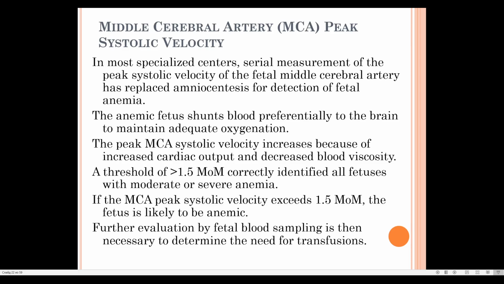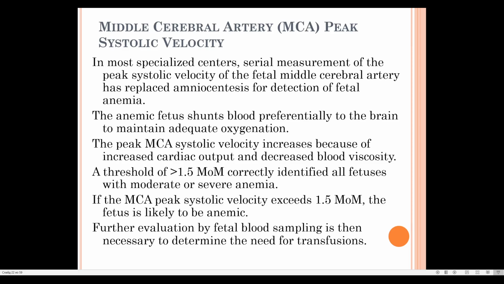The anemic fetus shunts blood preferentially to the brain to maintain adequate oxygenation. The peak middle cerebral artery systolic velocity increases because of increased cardiac output and decreased blood viscosity, and blood viscosity decreases because of hemolysis and anemia development.